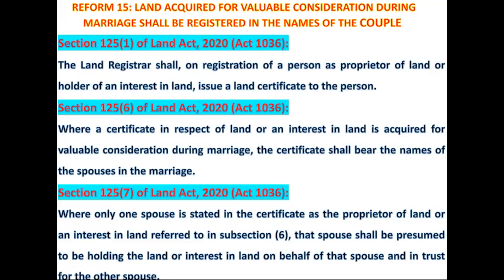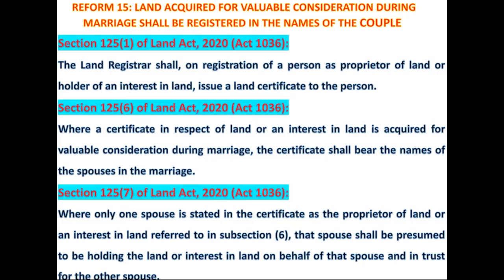It says as follows, and I read: where a certificate in respect of land or an interest in land is acquired for valuable consideration during marriage, the certificate shall bear the names of the spouses in that marriage. You see, before the registrar issues the certificate, he must ask you, are you married? Then it must bear the names of the spouses of that marriage.